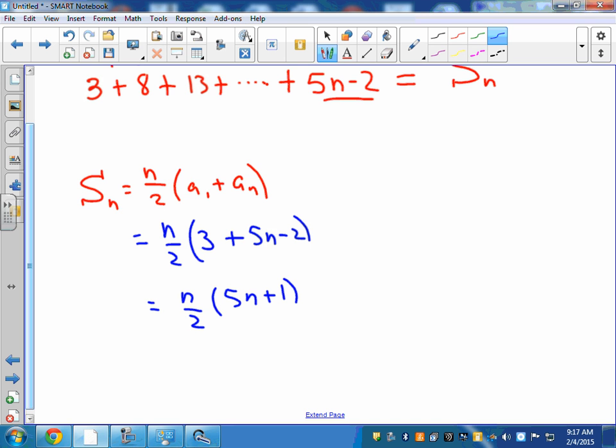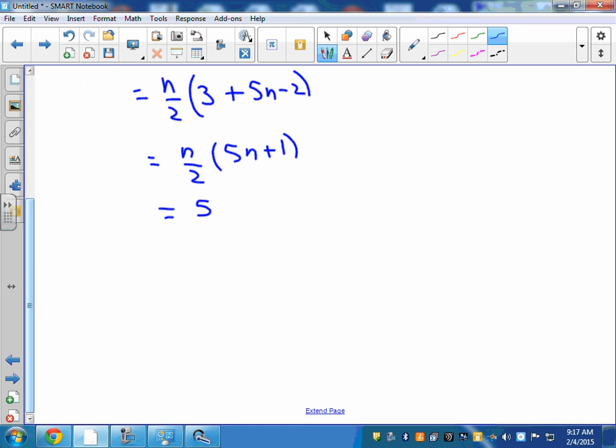It doesn't look like it cleans up very nicely. The 2, for example, doesn't cancel here. But I could write this as, if I just multiply through here, 5n squared over 2, and then multiply there, plus n over 2. So I could write it like that, or with a common denominator, I suppose I could do 5n squared plus n all over 2.